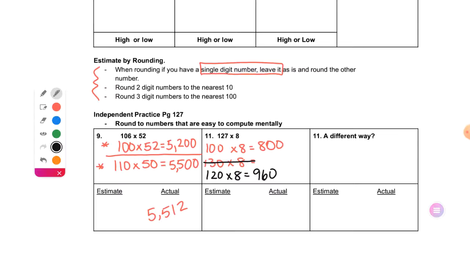The actual would be 127 times 8. 1,016. Rory? I did the 130 one, but it was 1,004. Yeah, it was 1,040.